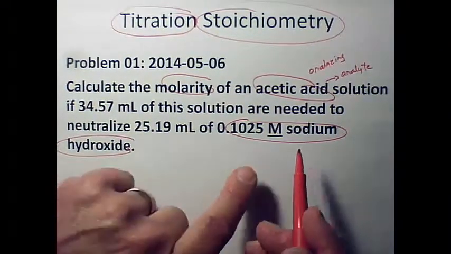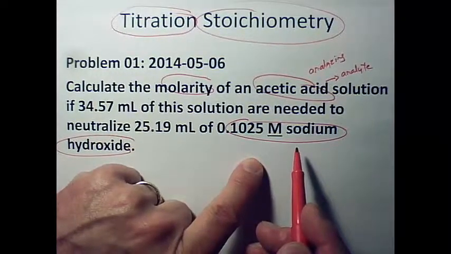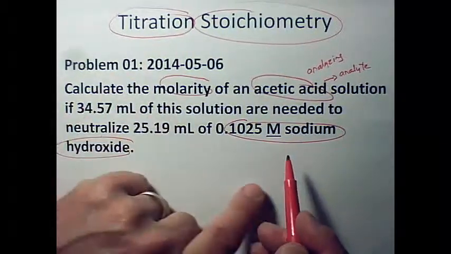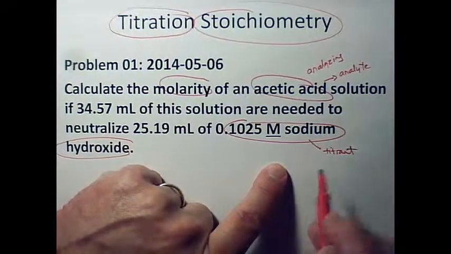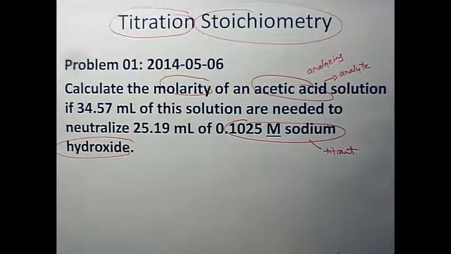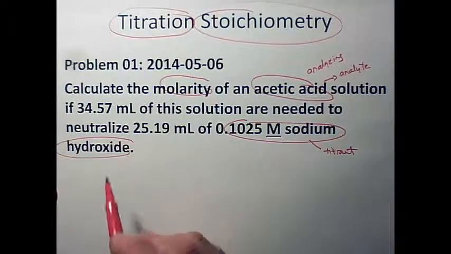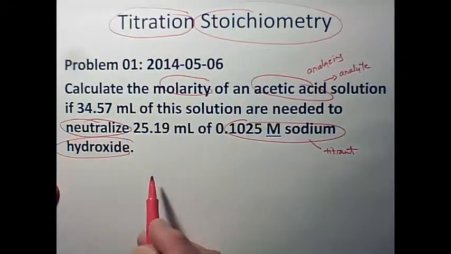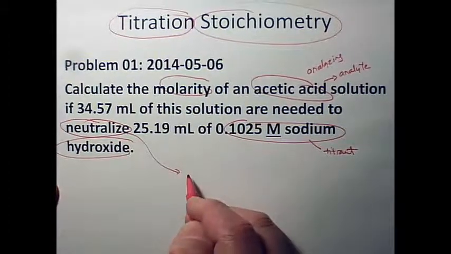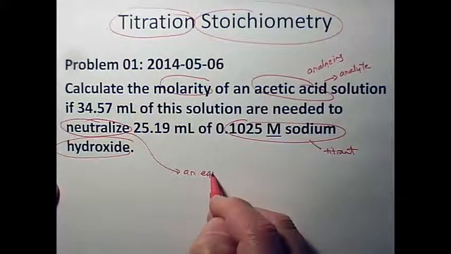And so the thing that we're using to find the concentration of another solution, this is the titrant. Okay? For acid-base titration, neutralization occurs at an equivalence point.